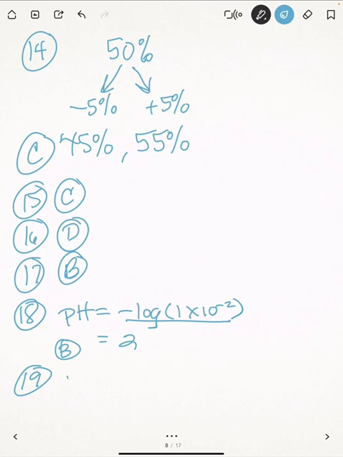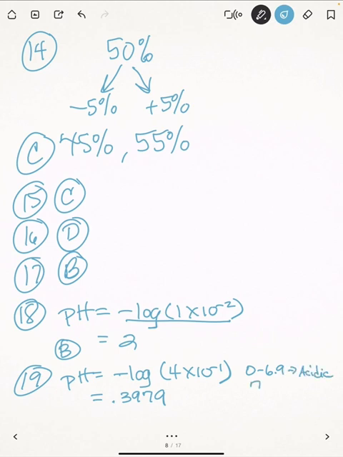Again, just like on question 18, we're going to plug into the calculator negative log, parentheses, 4 times 10 to the negative 1. All right? So when we do that, we wind up with 0.3979. So you remember that, and I'll just write this out to the side: 0 to 6.9 is acidic.